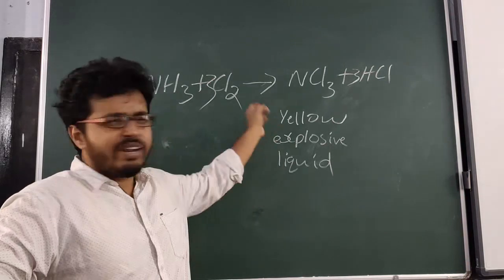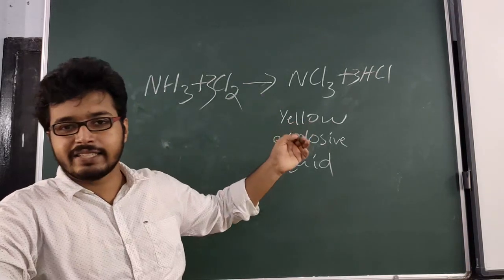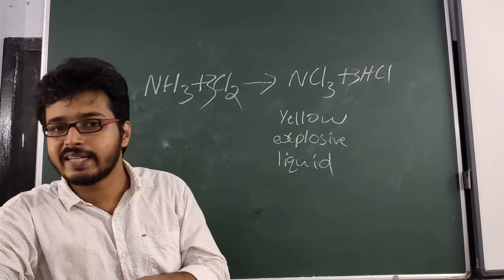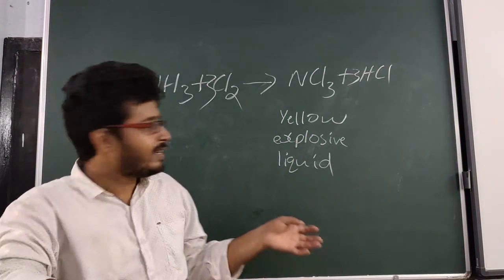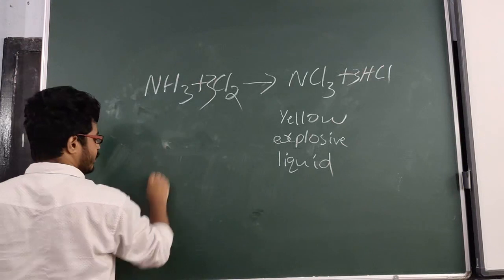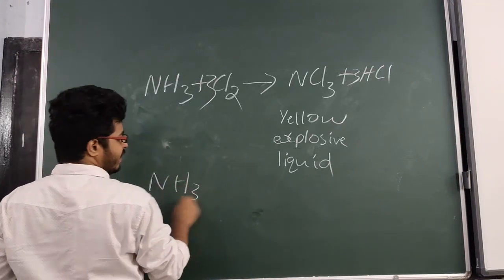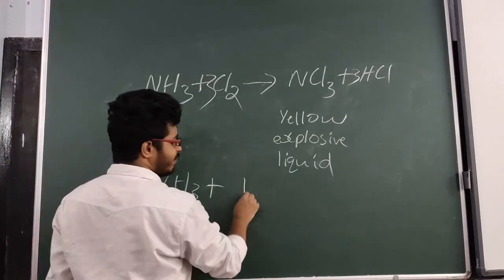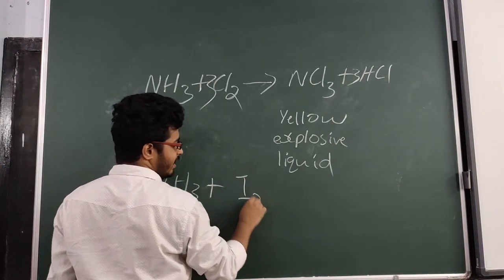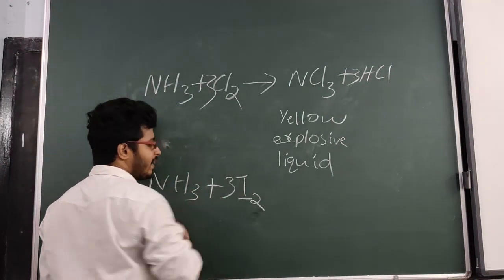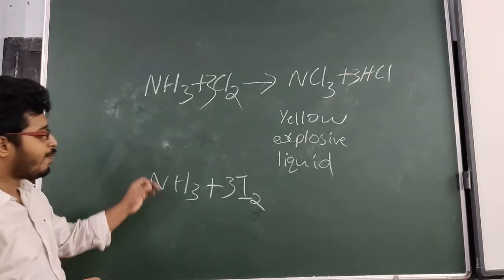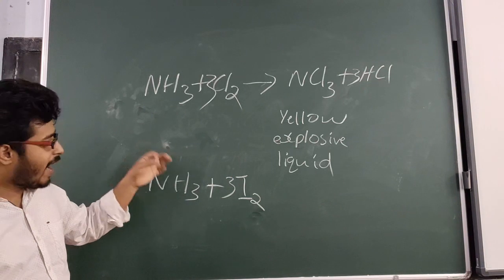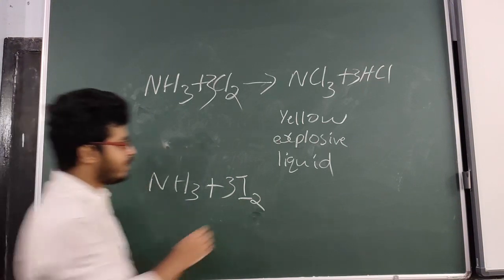Even if you don't remember this reaction, there is a similar reaction that some of you have done in your 9th class. The reaction is NH3 plus, instead of chlorine, we take iodine, I2. We take ammonia solution and dissolve I2 or iodine powder in it.